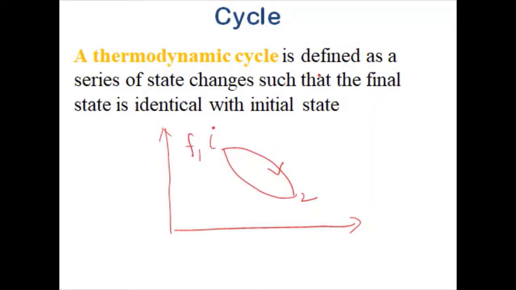As the definition suggests, the final and initial states are identical, because the fluid or substance repetitively comes back to its initial position. That kind of cycle we call a thermodynamic cycle, and the fluid comes to its initial position again and again.